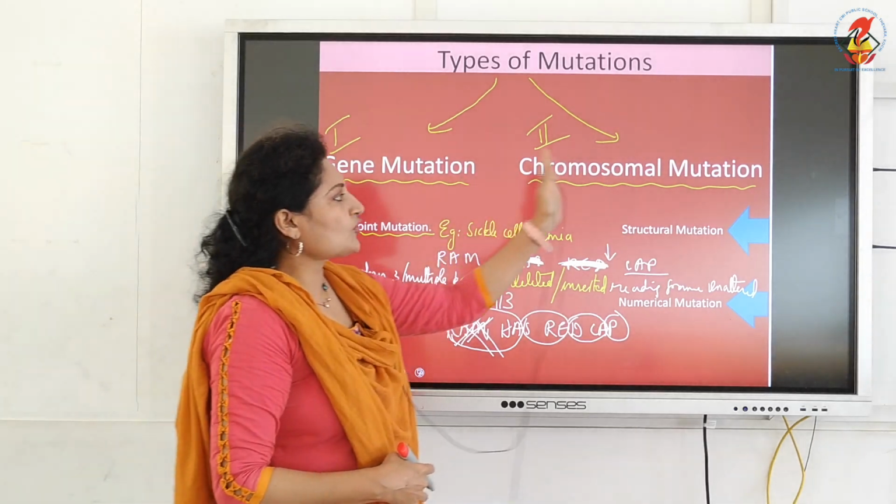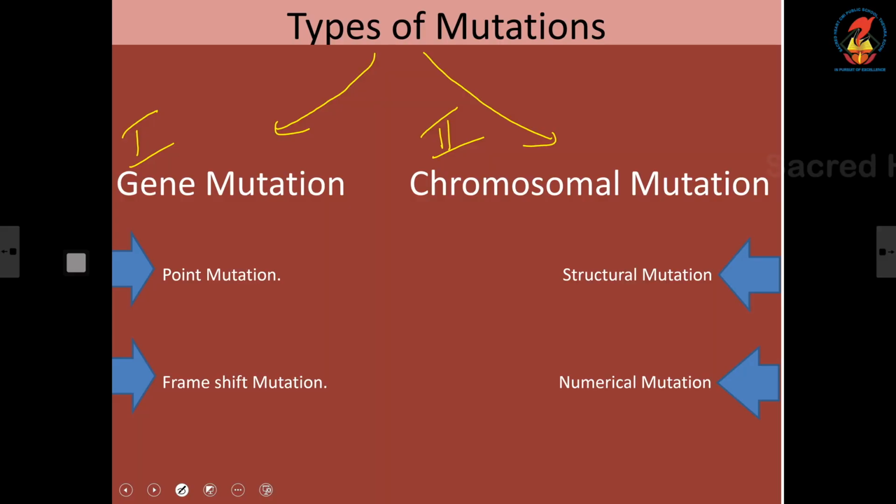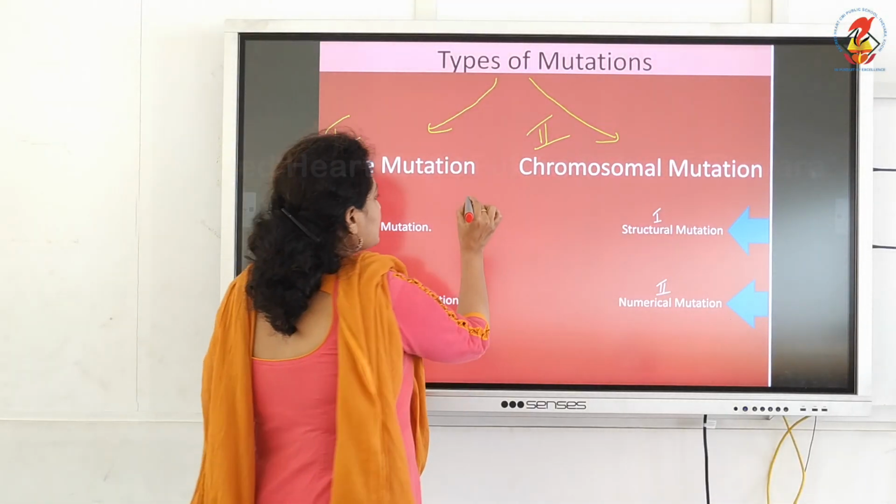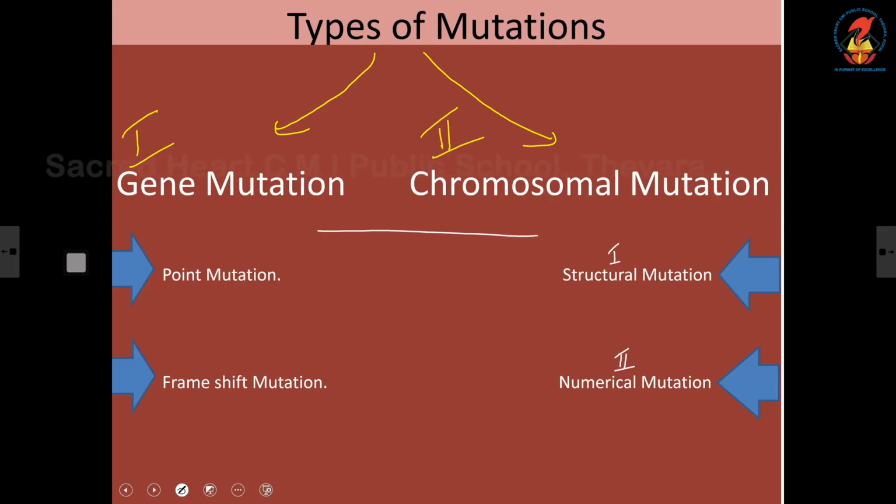Now, moving on to chromosomal mutations. Chromosomal mutations are divided into two types. They are 1 structural mutation, 2 numerical mutation. Structural mutation, I will give it with an illustration. Consider this to be a chromosome with segments A, B, C, D, E, F, G, H. So, let this be a normal chromosome with these genes.